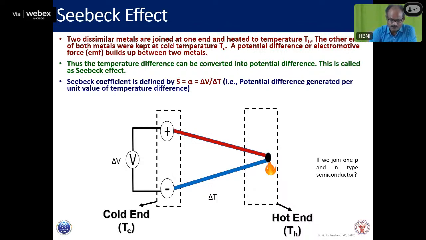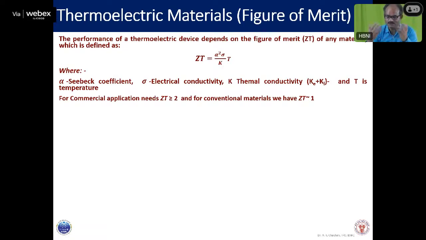This is clear. So now if it is clear, then everything about thermoelectric devices should be clear. Now we have to just see different strategies. This was actually metals. If we join a p-type and an n-type semiconductor, suppose this is a p-type semiconductor and this we have an n-type semiconductor, what will happen? In p-type, holes will move to the other side; in n-type, electrons will move.